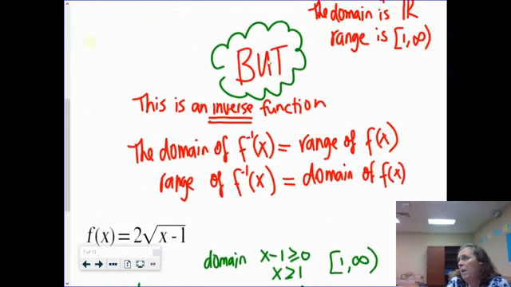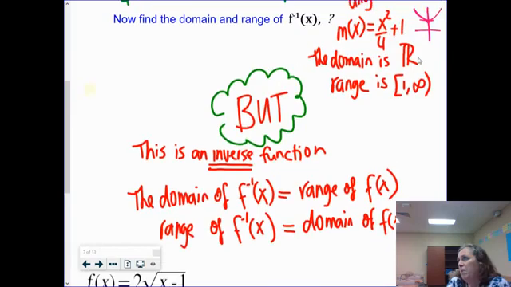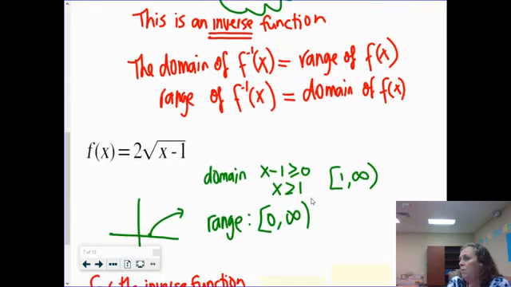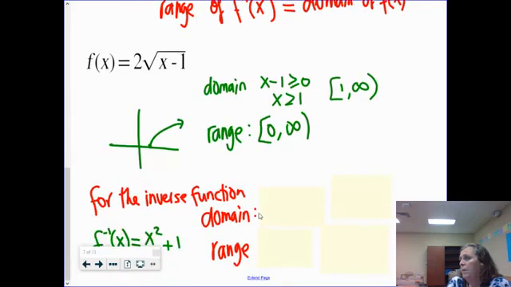Up here, we were thinking the domain was going to be all real numbers, but it's not. The domain of our inverse function has to be the range of our original function. We've just worked out the range of our original function was not all real numbers. So, for our inverse function, the domain is not all real numbers.